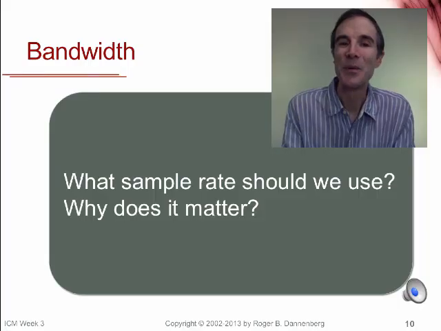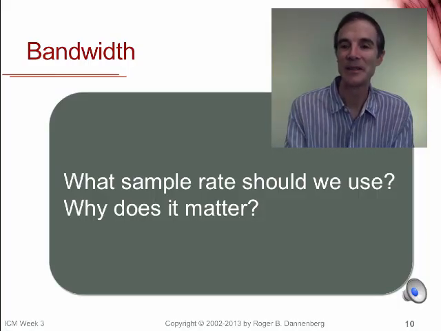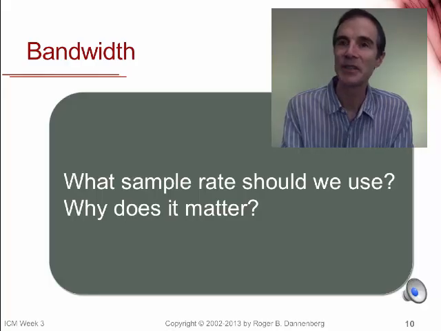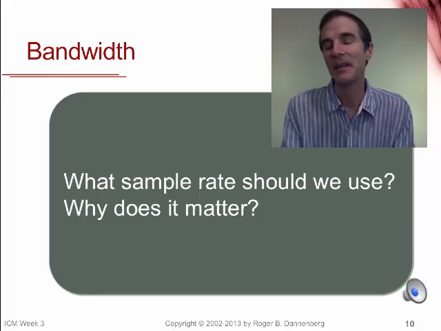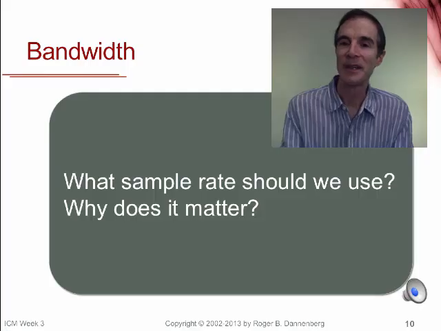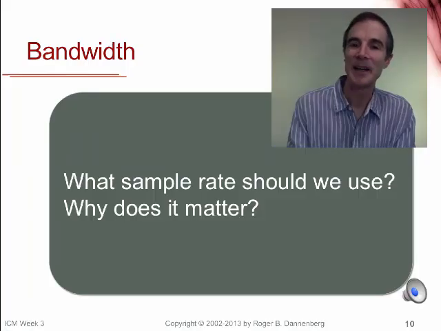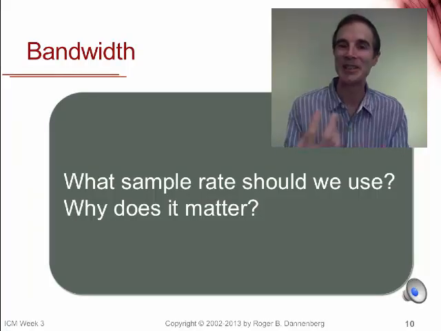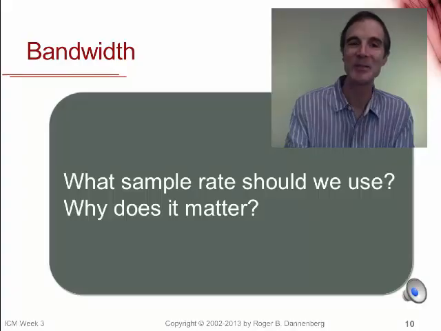So what sample rate should we use, and why does it matter? This was one of the key questions that we asked a couple of segments ago, and I added these little bells just to get your attention. Okay, you should think about this. We're now ready to answer this question.